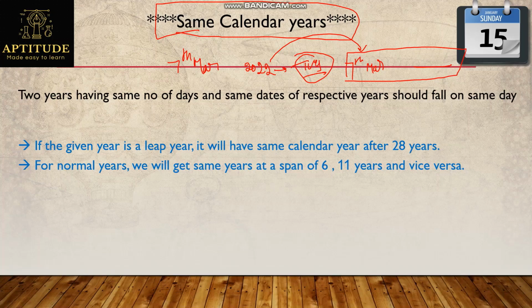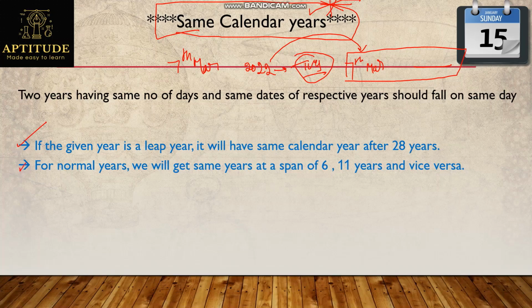Not only this particular date, every day of the year should be matched. Then those two years are said to have the same calendar. You might get these types of questions in most aptitude exams, either government exams or the placement exams you're preparing for. So just these two shortcuts are enough here.